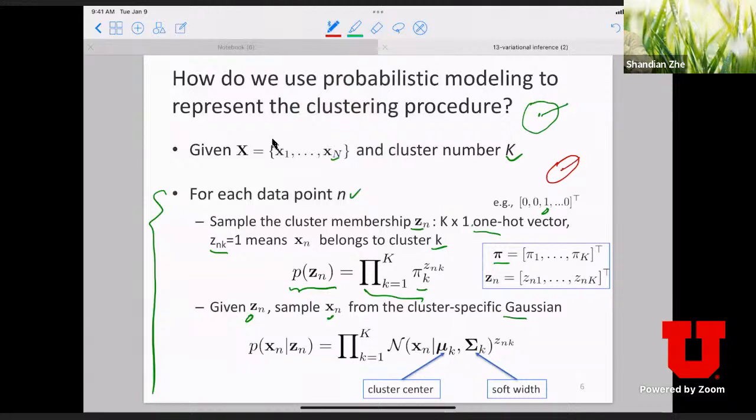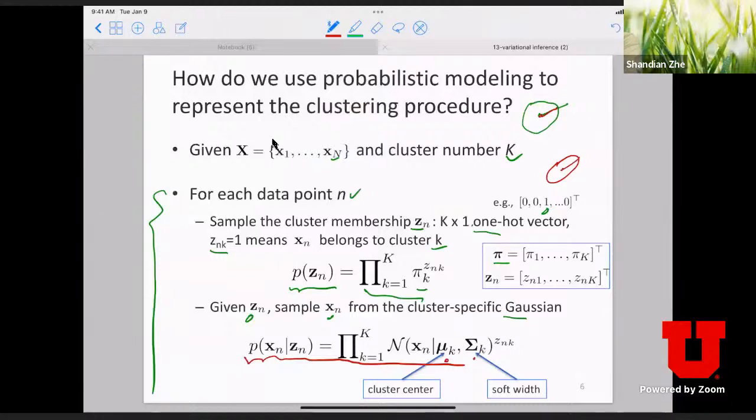Given our cluster membership, we sample the particular data point from the associated Gaussian mean and Gaussian covariance, which is written in this way. So the conditional probability of Xn given Zn is this Gaussian distribution conditional on the corresponding cluster center and cluster covariance.